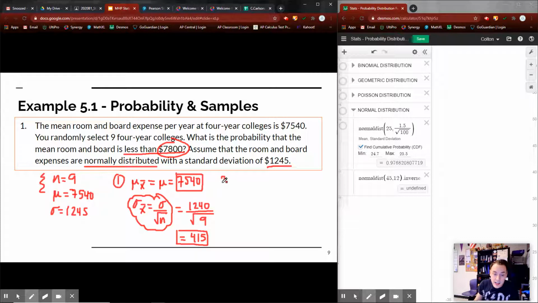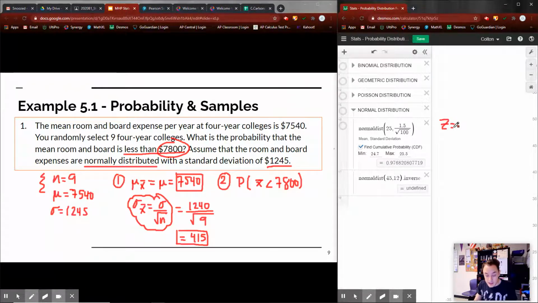My second step is to find the probability where x, my sample mean, is less than 7,800. I could find the z-score: z equals 7,800 minus the population mean, 7,540, all over the standard deviation of the sample, 415.